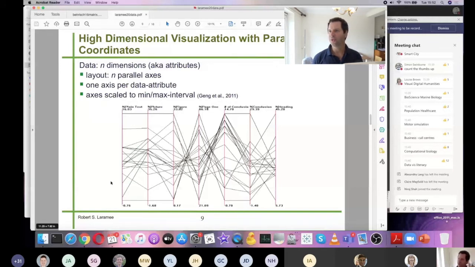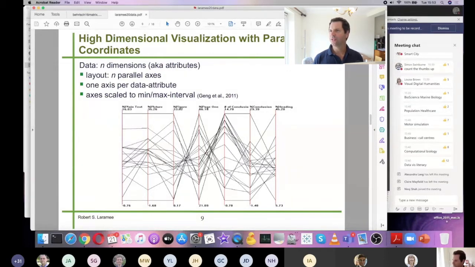Each polyline here represents one record in the data set. Everywhere there's an edge intersection, that's the data value it represents. So a dot in Cartesian coordinates represents an edge in parallel coordinates, and then we join the edges together to represent a data record in the data set. Hopefully that will get more clear as we go on.